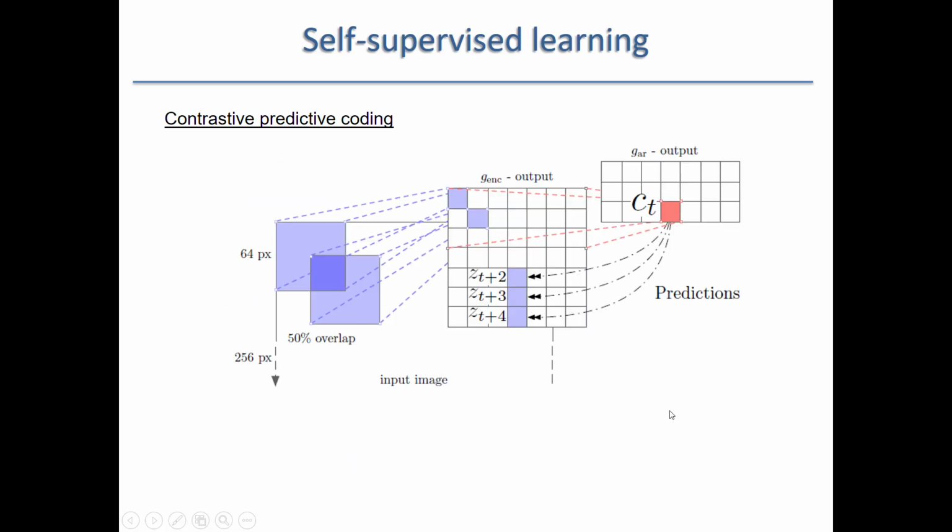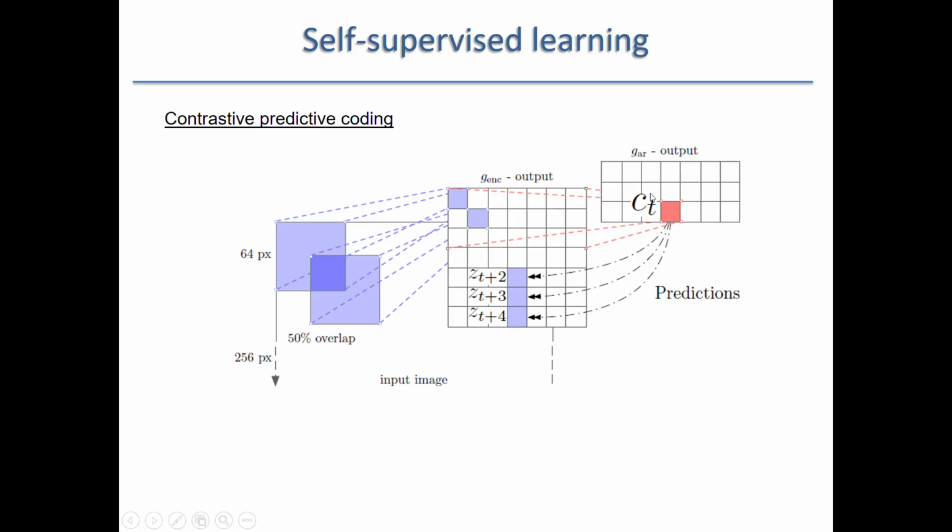And this can be done also with images. With images, the sequence is somehow given by patches, and the patches have to be embedded into some space by an encoder. The encoded and embedded vectors will be given to an autoregressive network.